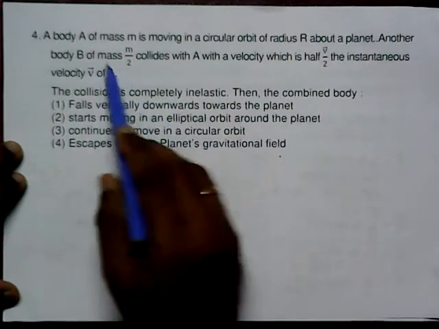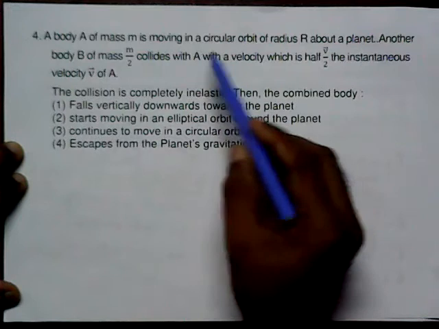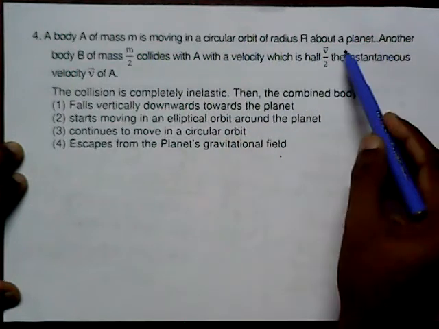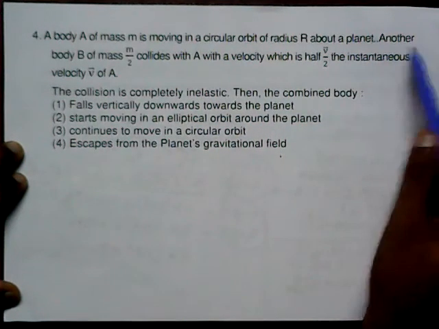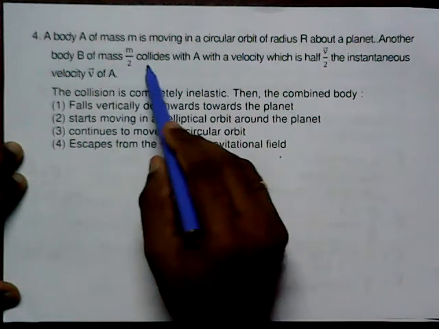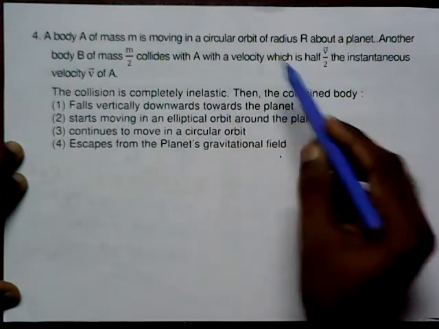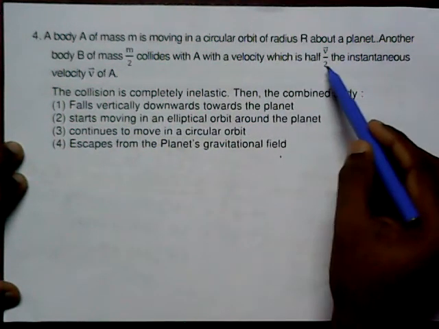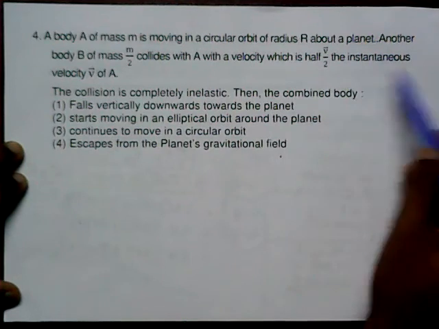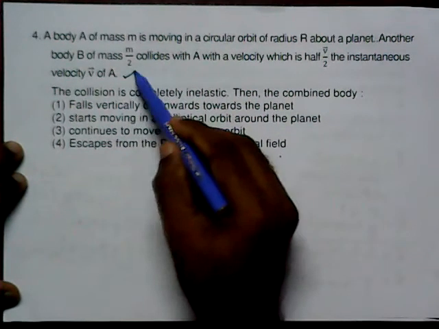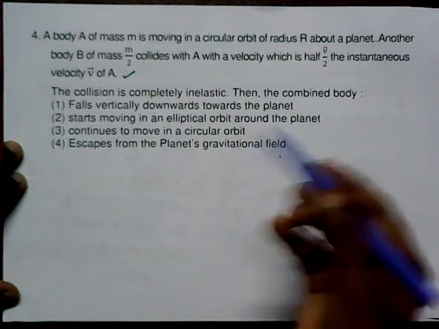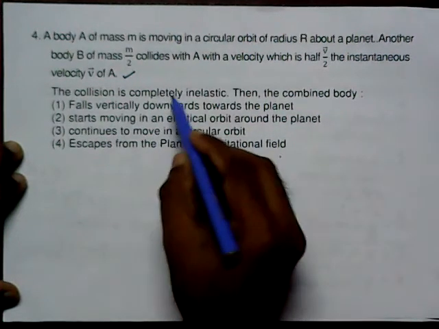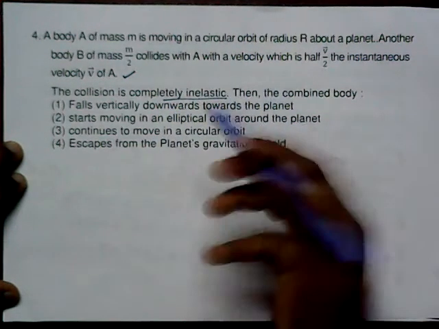A body A of mass m is moving in a circular orbit of radius r about a planet. Another body B of mass m by 2 collides with A with a velocity which is v by 2. The instantaneous velocity of A is, because of the collision, it is given that it is completely inelastic.